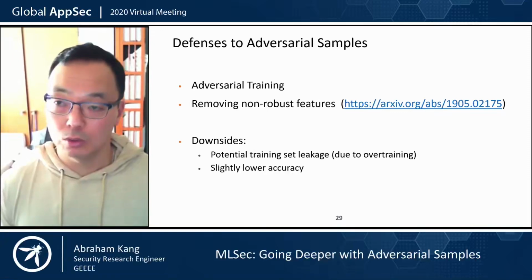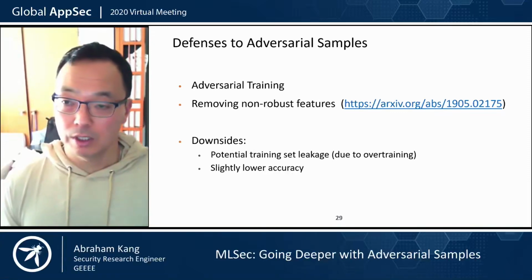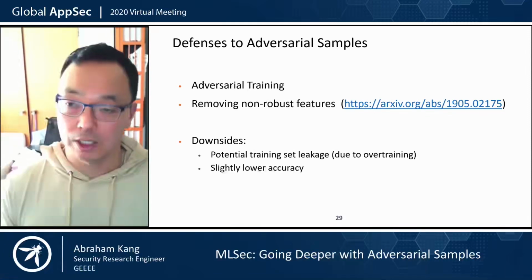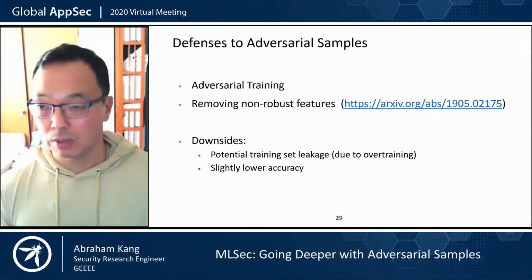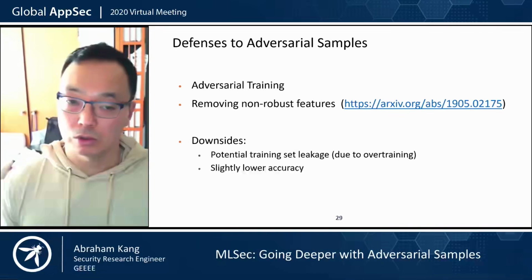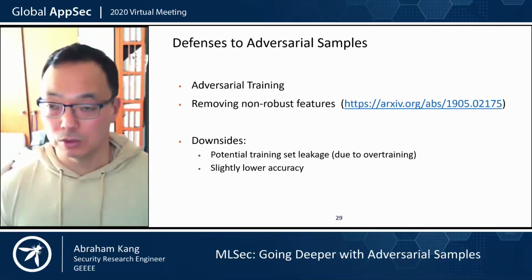And what you do is then you label the previously incorrect image as the correct label, and you basically train the model to say, hey, this feature that was guacamole is not really guacamole. And so you're trying to remove those features.